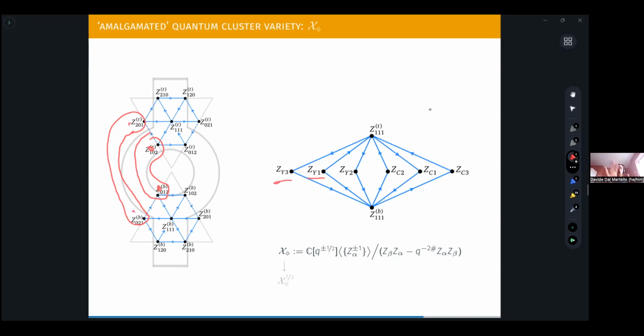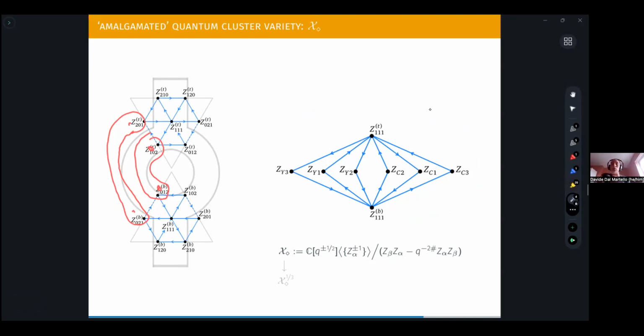By running all these amalgamations and gluing together all things, the result is this quiver here that you see is a little bit different from the shape of a single triangle.